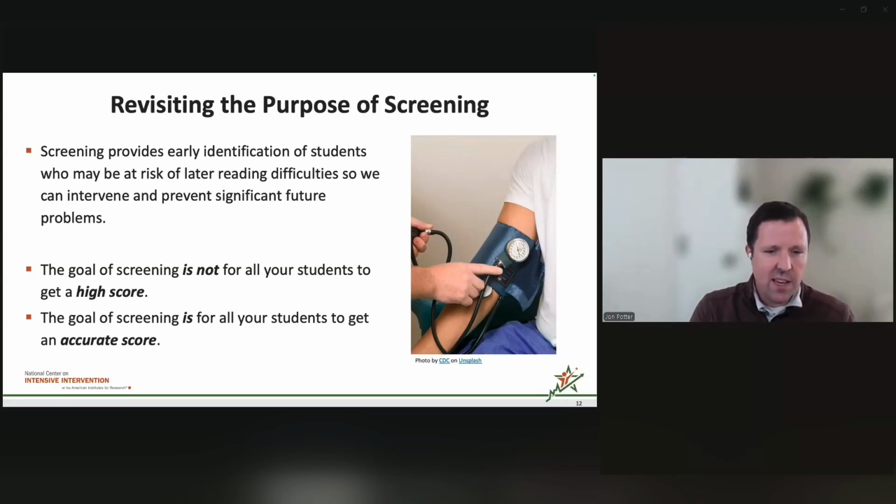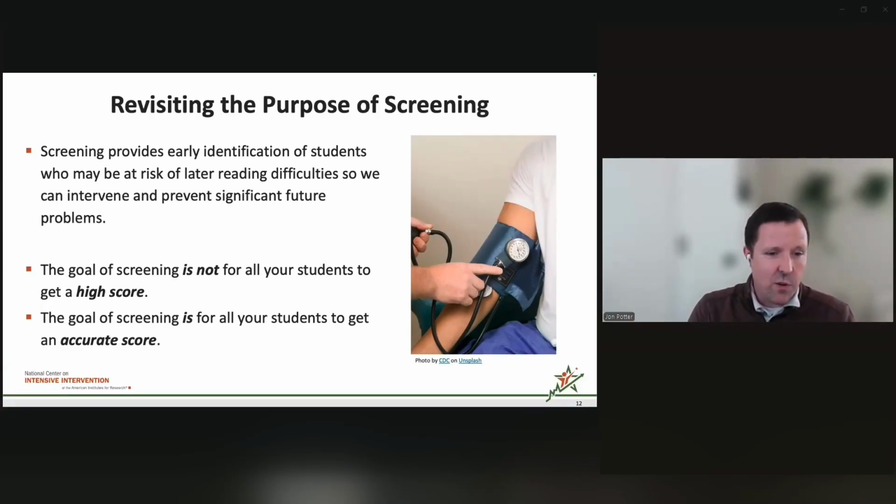We have other things that we are evaluated on that go in the news. Like if your test scores aren't good, you end up in the news sometimes. We don't need screening to be that. Screening needs to be accurate. Screening is a very quick, low stakes assessment just to determine who's on track and who's off track. And so if we're inflating scores, if we're making all our students look great, we're actually doing them a disservice because we're preventing services from being provided to kids that actually need it.